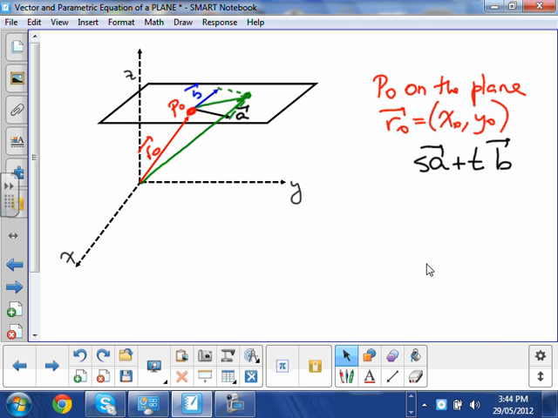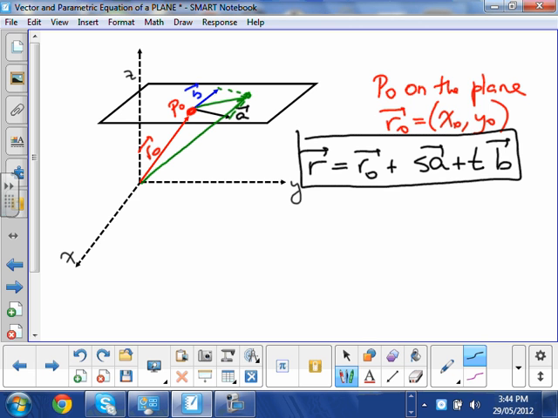So let's write R0 plus SA plus TB, and this is nothing else but vector R, the position vector, the green one here on my diagram. Guess what I got here? I got the vector equation of a plane. Vector equation of a plane.